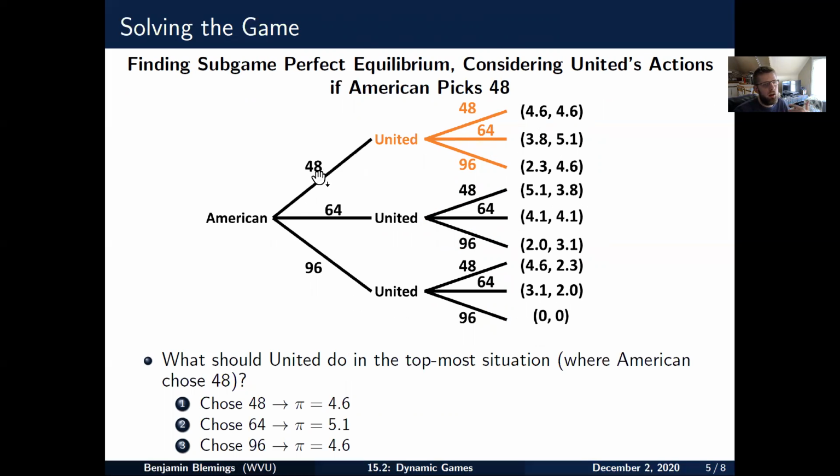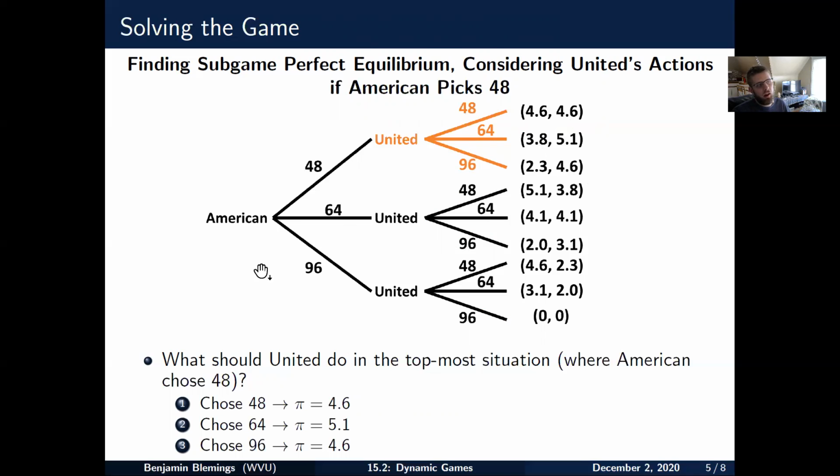Okay, so we know that United's payoffs are the second number in these parentheses here. And so if American chooses 48, United chooses 48, then United gets 4.6. American 48, United 64, 5.1. American 48, United 96, 4.6.